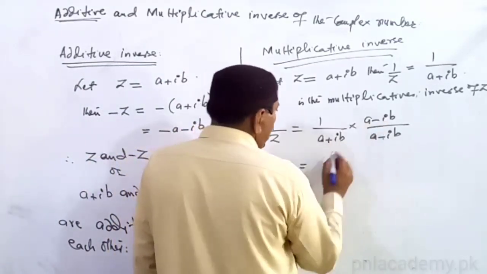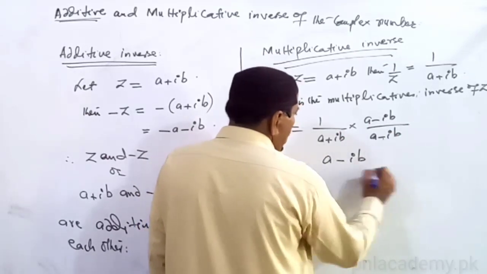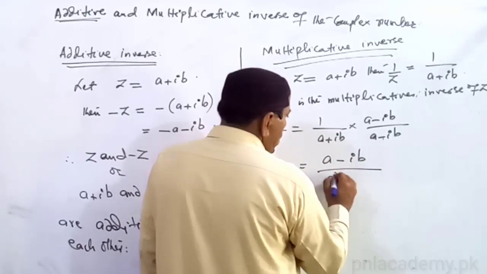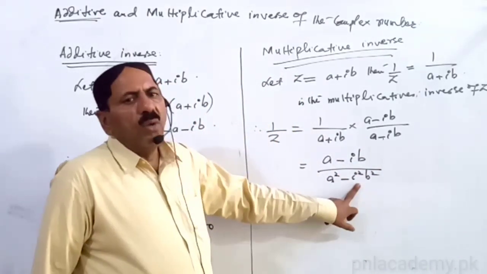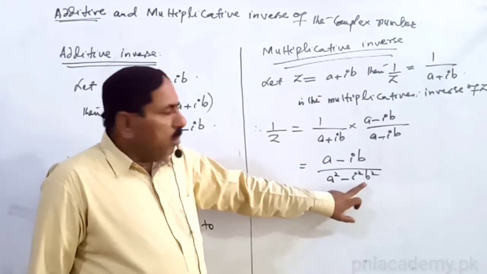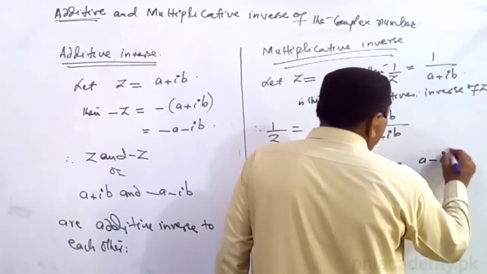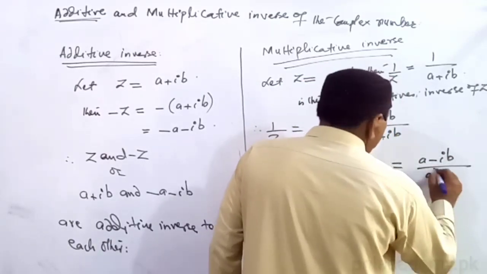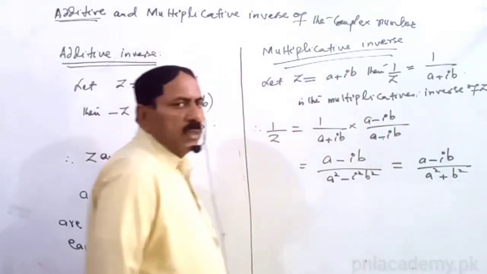So 1 into a minus 1 into iota b upon a square minus iota square b square. You already know the value of iota square is minus 1. So minus into minus plus, this will be a minus iota b upon a square minus into minus plus b square.